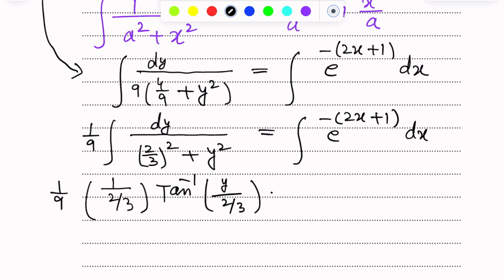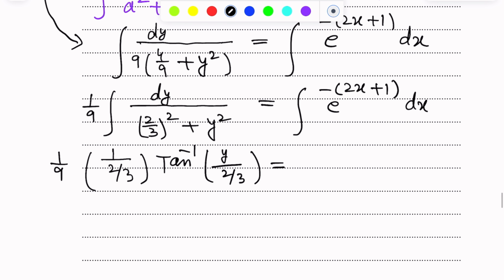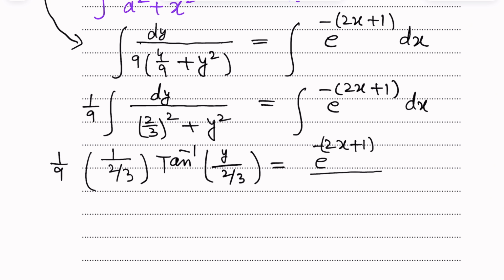Right side will be the integration of e power negative 2x plus 1, which will be the same according to the formula, e power negative 2x plus 1 divided by the differentiation of the inside of the bracket, that is 2, that is minus 2, because the minus sign is outside the bracket.